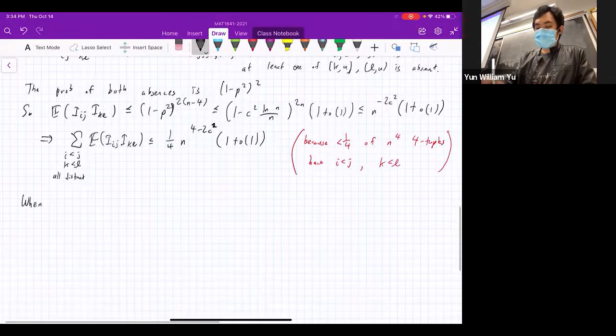Well, now we need to carefully analyze the next case, which is when there's only 3 distinct vertices.